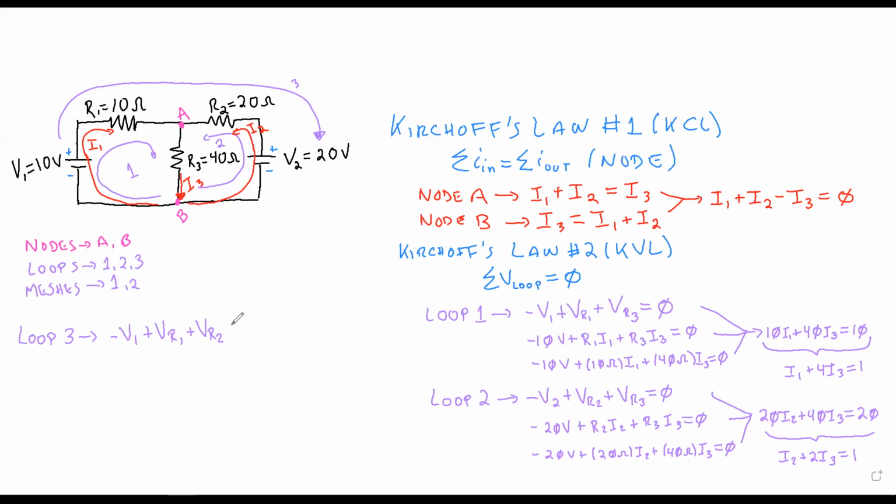We need to start always from voltage 1? No, you could have started in voltage 2 and you're going to get the same equation, as long as you go around the loop.